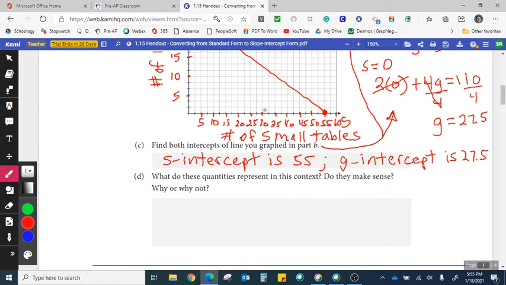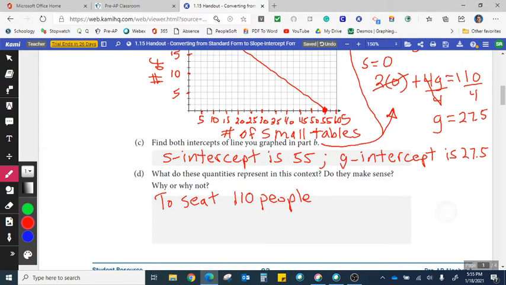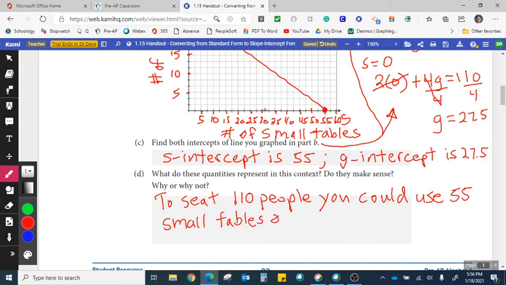To seat 110 people, you could use 55 small tables only. Okay, so only small tables, use 55 of them.